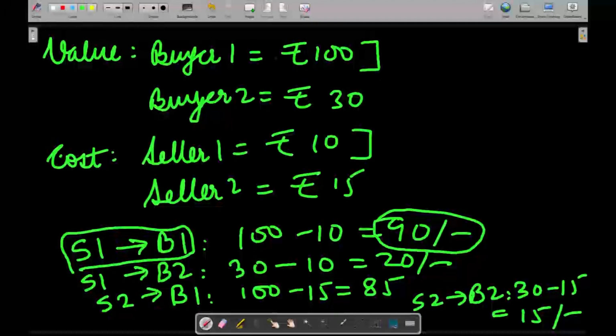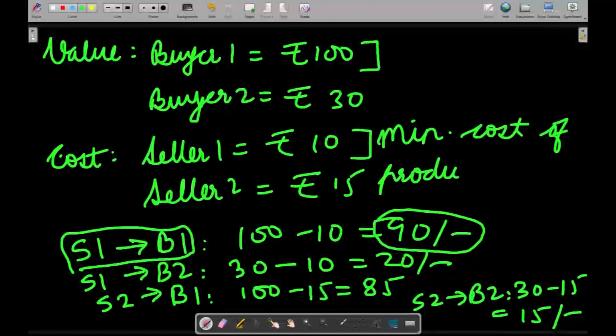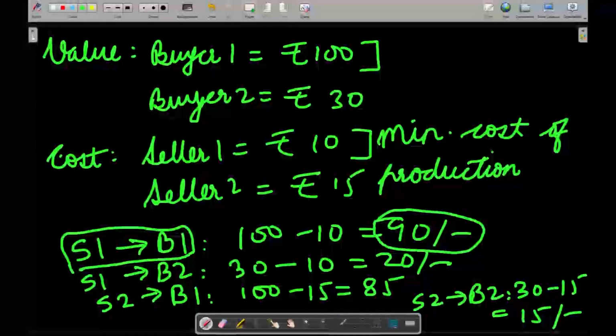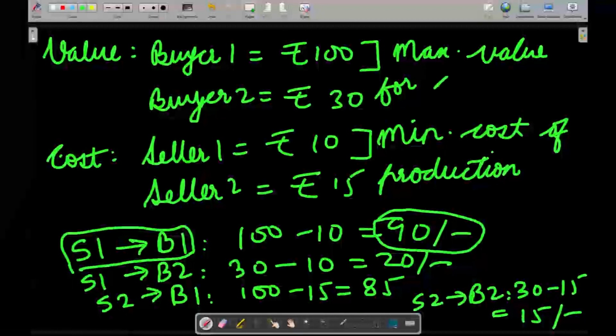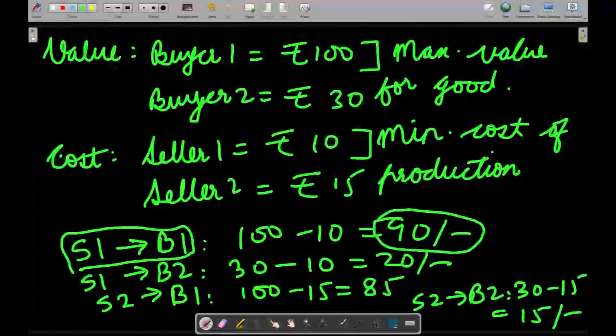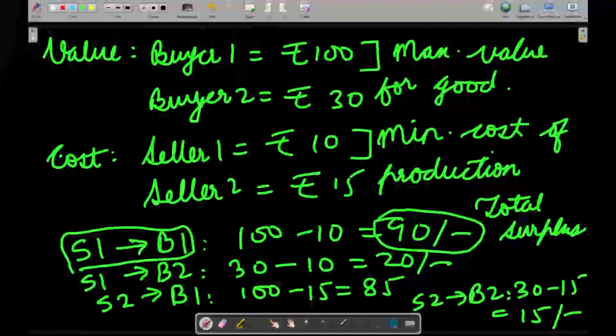Now in this case, seller one is the one with the minimum cost of production, and buyer one is the one that has the maximum value for the good. So in this situation, the total surplus of the buyer and the seller together is maximized to 90 rupees.